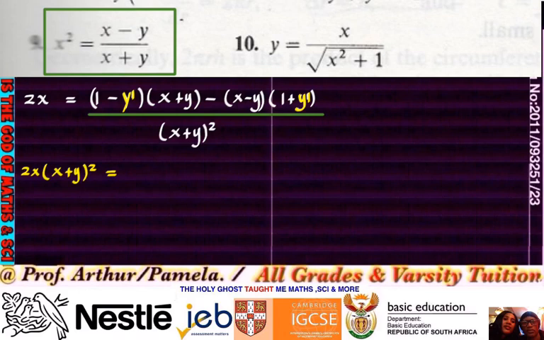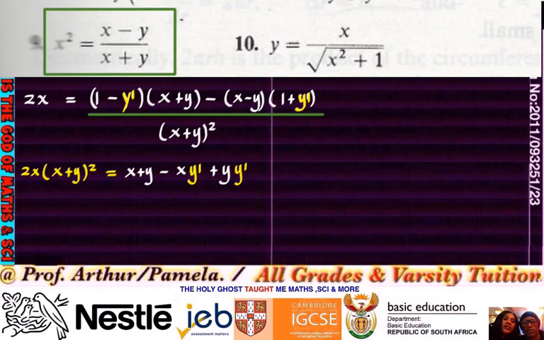When I multiply in, if I use the 1, I've got x plus y. If I use the y prime, I'm going to have minus x y prime, and then plus y y prime.